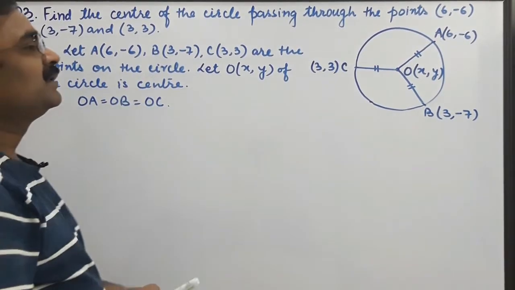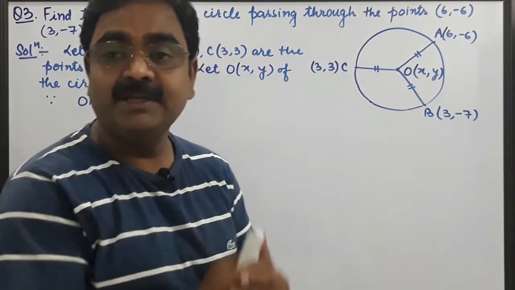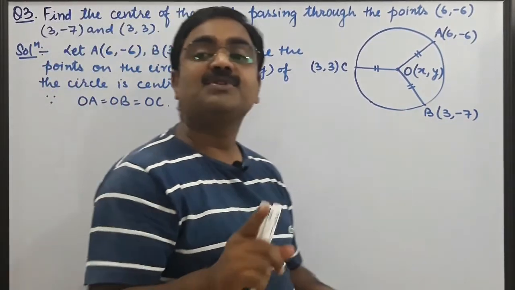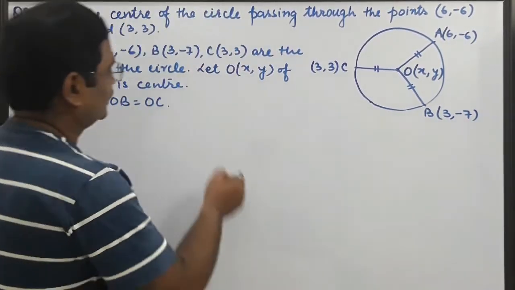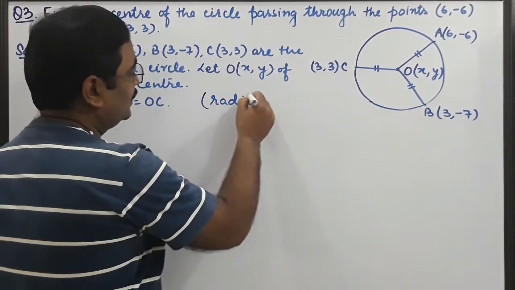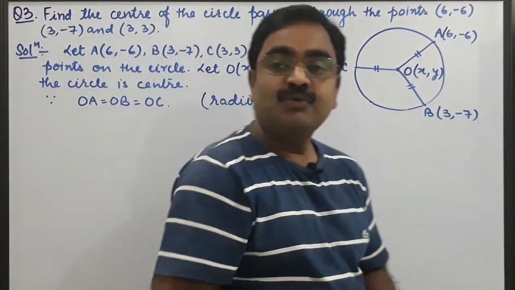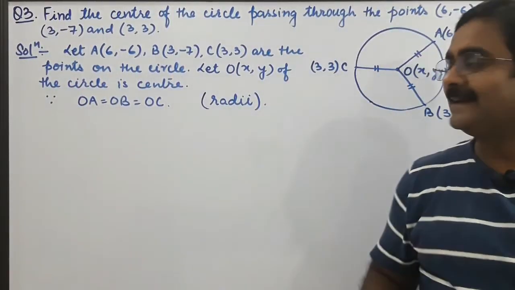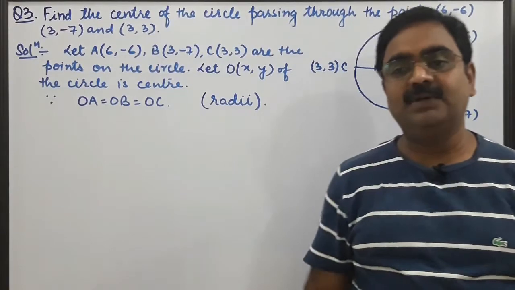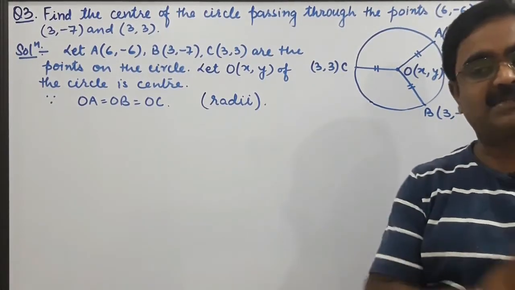Means the measures of all 3 line segments will be equal. Why? Because they are radii of the given circle. So based on this concept, as these 3 line segments are equal, we have to find out the coordinates of the center of this circle.